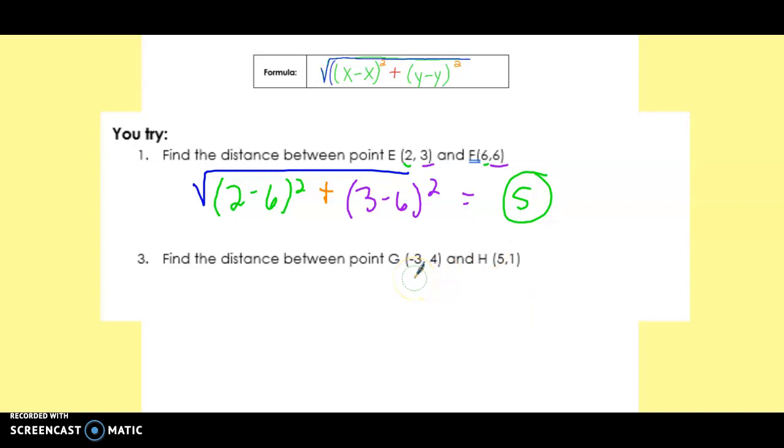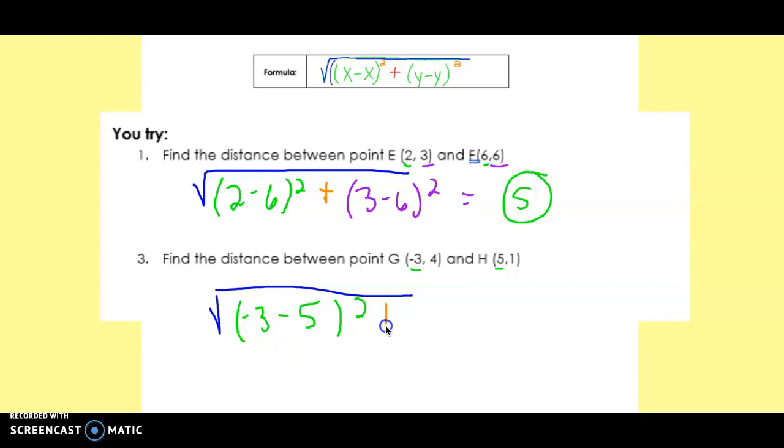All right, find the distance. Last one here. So between the points -3, 4 and the points 5, 1. All right, so let's set up our equation here. So the formula tells you we take the square root in this first bracket. We should be subtracting our x values. So our x values are -3 and 5.